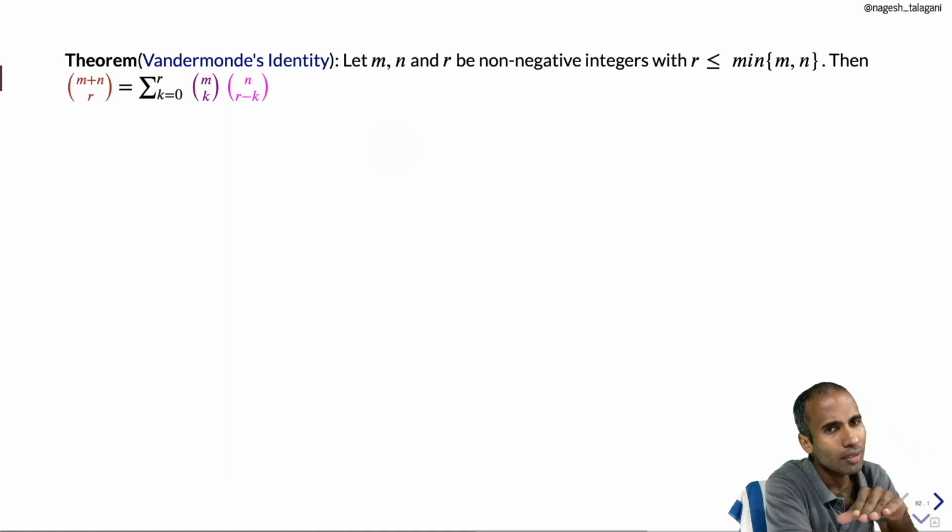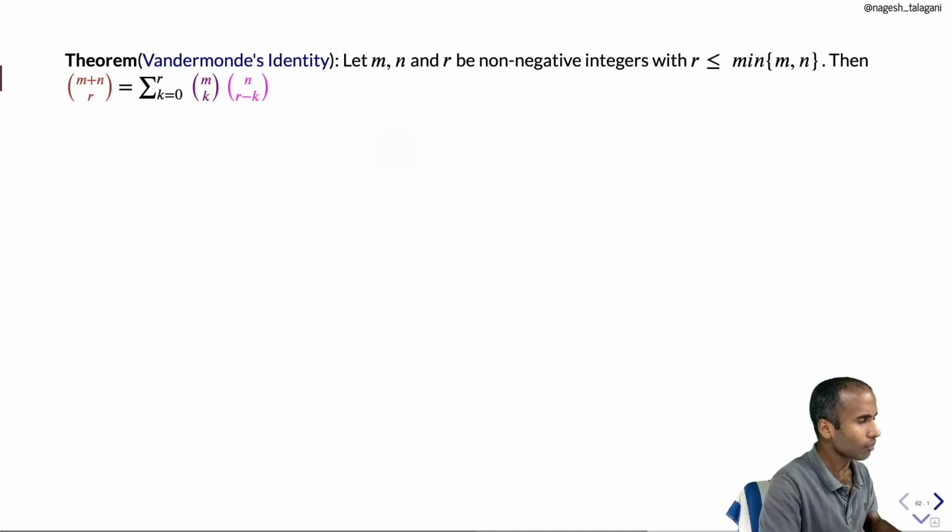Type r consists of r boys and 0 girls. So the total number of groups should be equal to the number of groups of type 0 plus the number of groups of type 1 plus the number of groups of type 2 plus so on, plus the number of groups of type r. This is the idea.